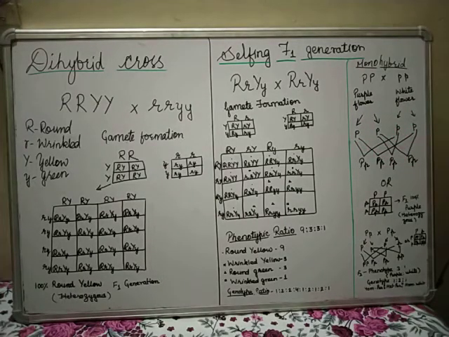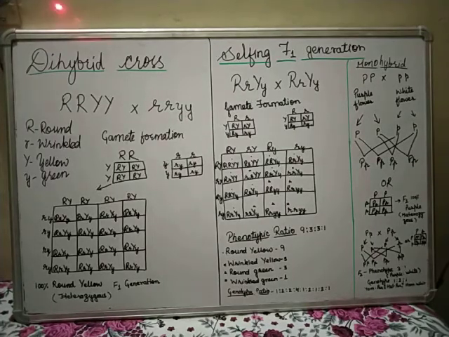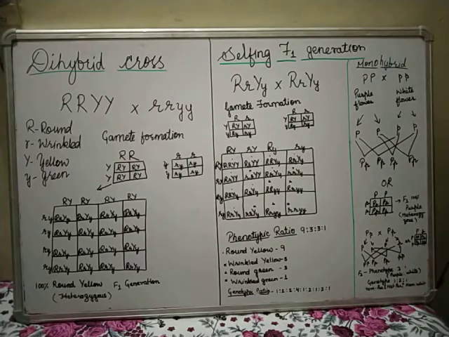But in case of the dihybrid cross, when we take two characters, that is the shape of the seed and the color of the seed, we need to form the gametes first. So how are the gametes formed? Let's see. In dihybrid cross, Mendel took two characters, and two homozygous, pure characters were taken: homozygous dominant and homozygous recessive.